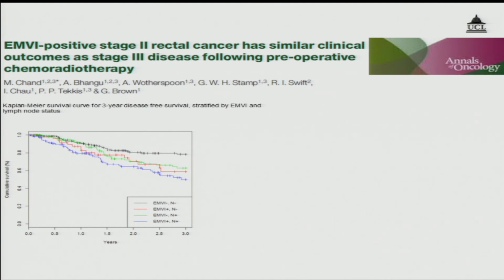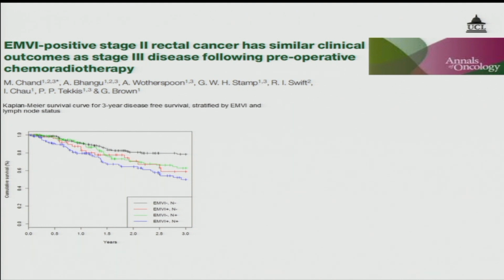In the middle, you have this interesting scenario where the red line here is stage 2 patients that are EMVI positive, that in many centers around the world would not get adjuvant treatment if there were no other prognostic factors. And the one above, which is ever so slightly better, is a stage 3 patient with EMVI negative, and that patient would normally go on to have adjuvant chemotherapy.